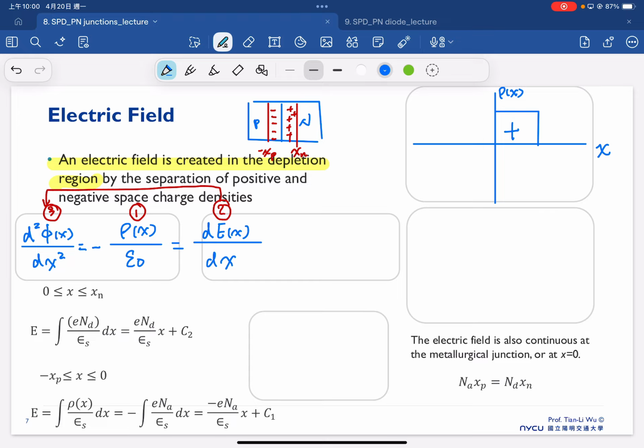So the amount of positive charge will also have the same amount of negative charge here, and this is minus xp, and then the amount of charge will be correlated to the concentrations. So this is the charge distribution inside this space charge region.